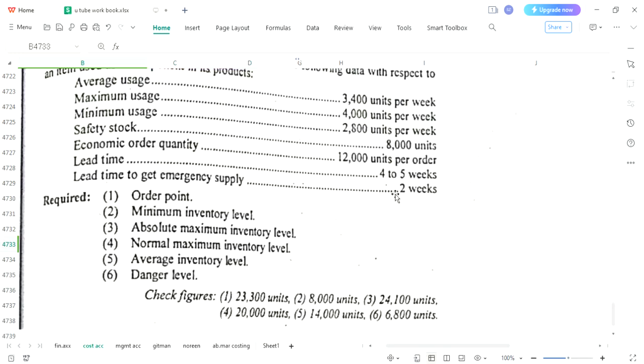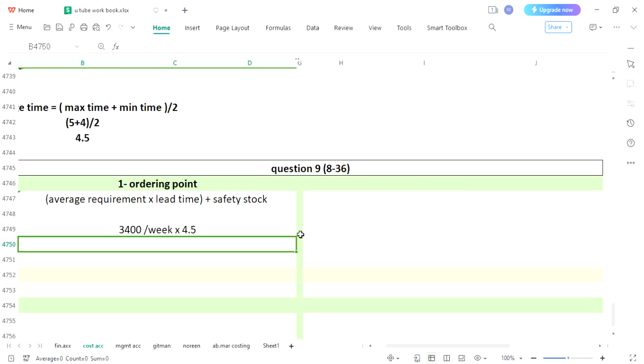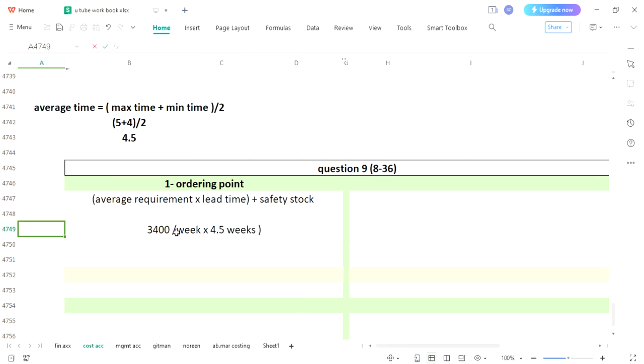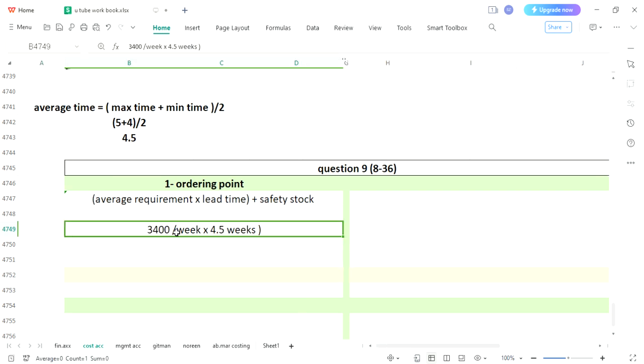Lead time is 4 to 5 weeks, so it means 4.5 is weeks. So luckily, units of both requirement and time are similar. Both are given in terms of weeks, so we don't have to change it. It would be used as it is right now.